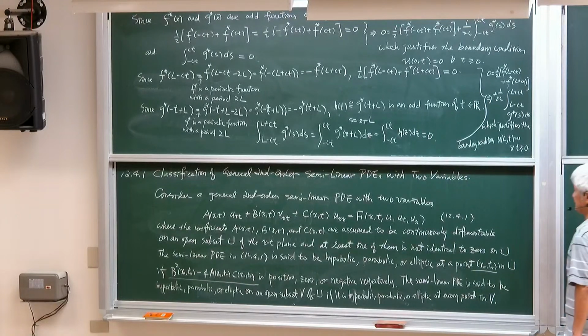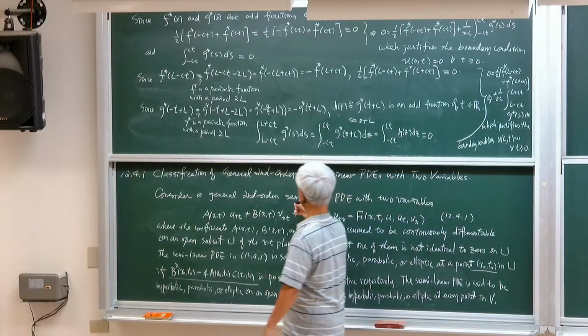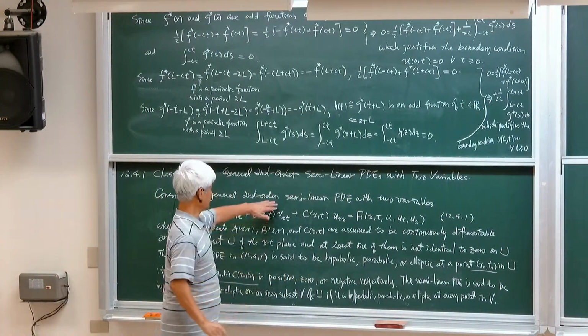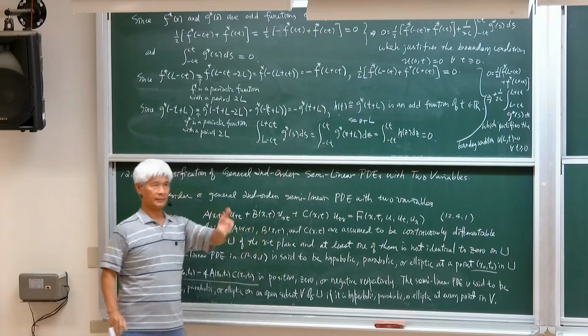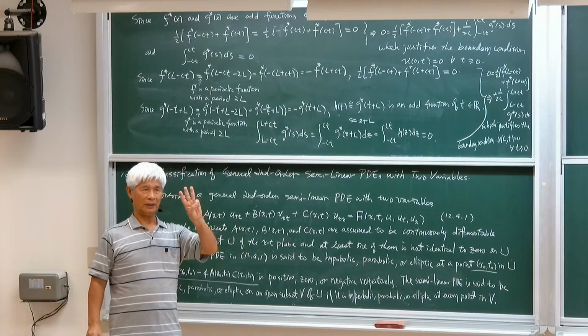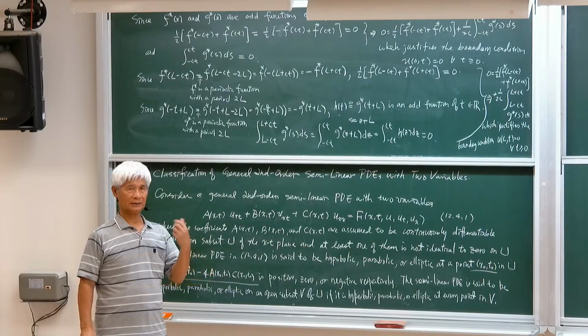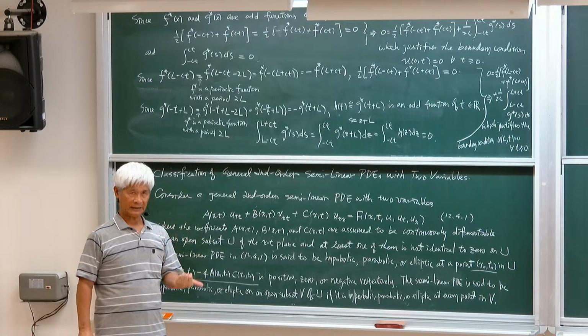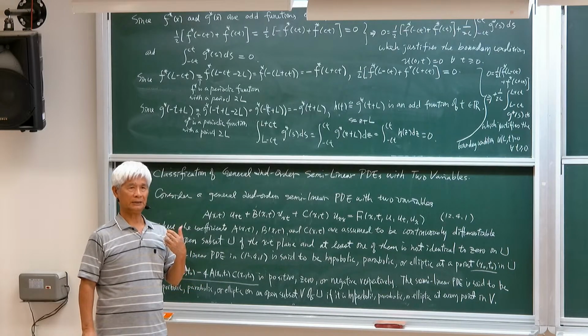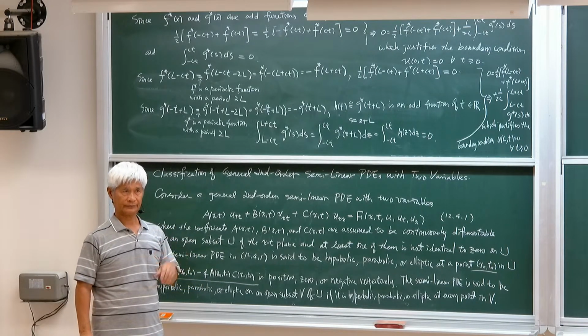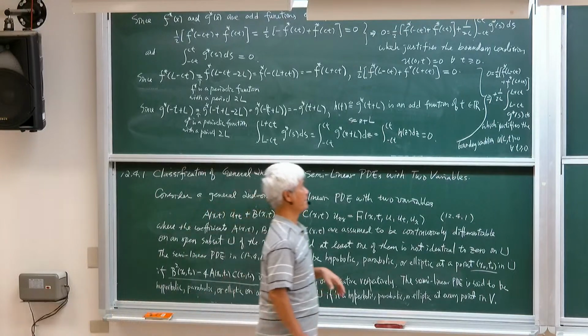So now you can see the second order semi-linear PDE has been classified into three types: hyperbolic, parabolic, or elliptic. Okay?